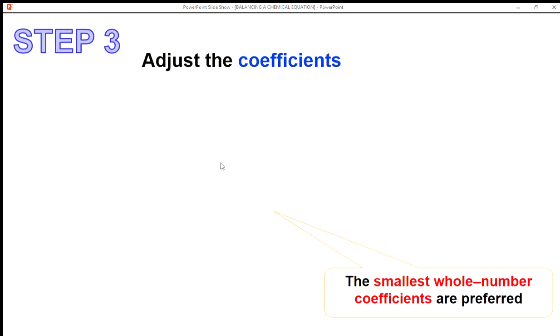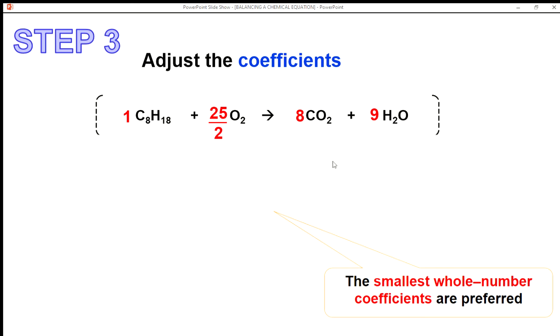Okay, in the third step, or step 3, we are going to adjust the coefficients. This is from the previous step. Just now we have already balanced the number of atoms in the equation.